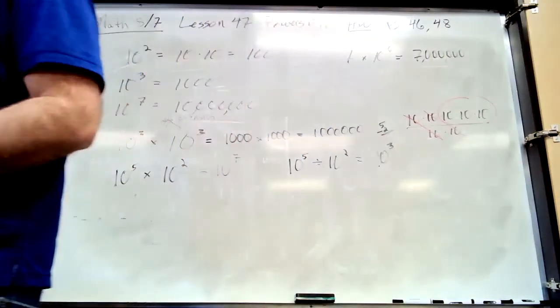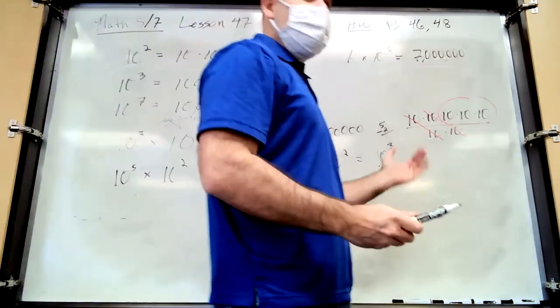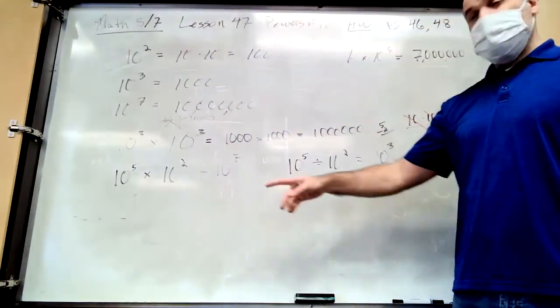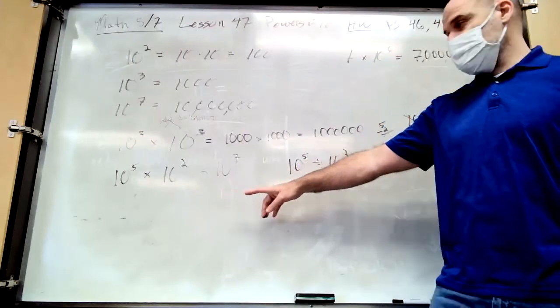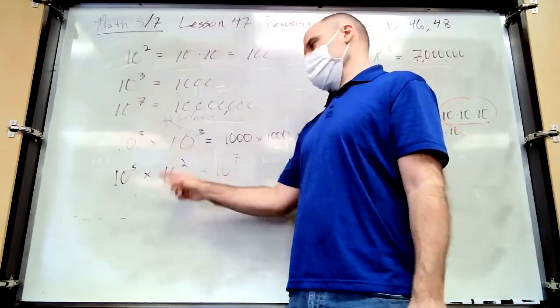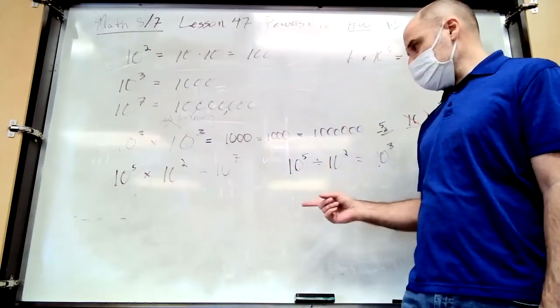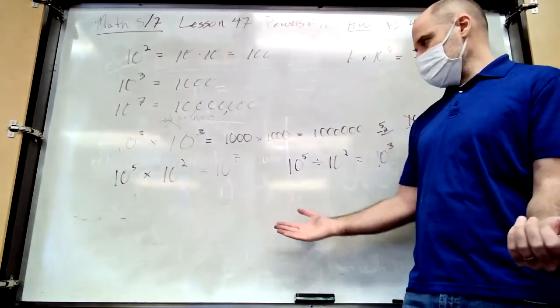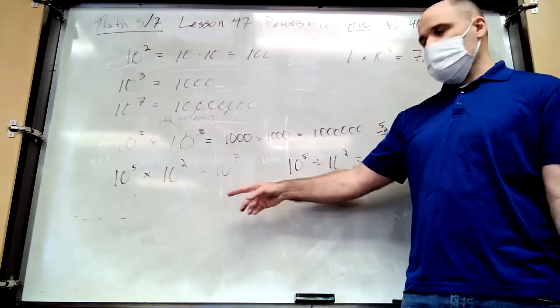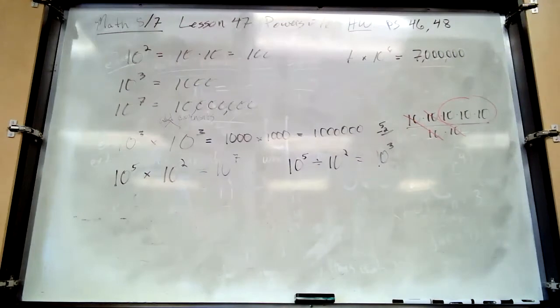This is kind of hard to remember, but if you forget this rule, these are just shortcuts. You can actually do the math: 10 times 10 times 10 times 10 times 10 times 10 times 10. If you do that, you get 10 million, or 10 to the 7th. Yeah, question, Hunter?